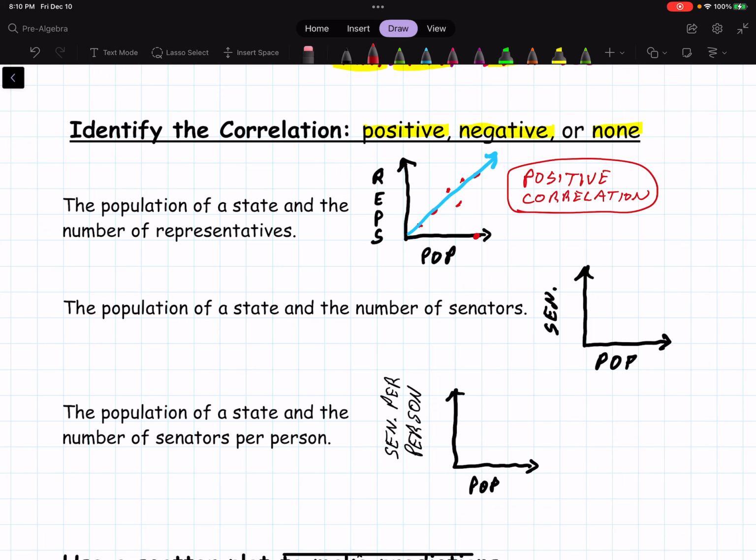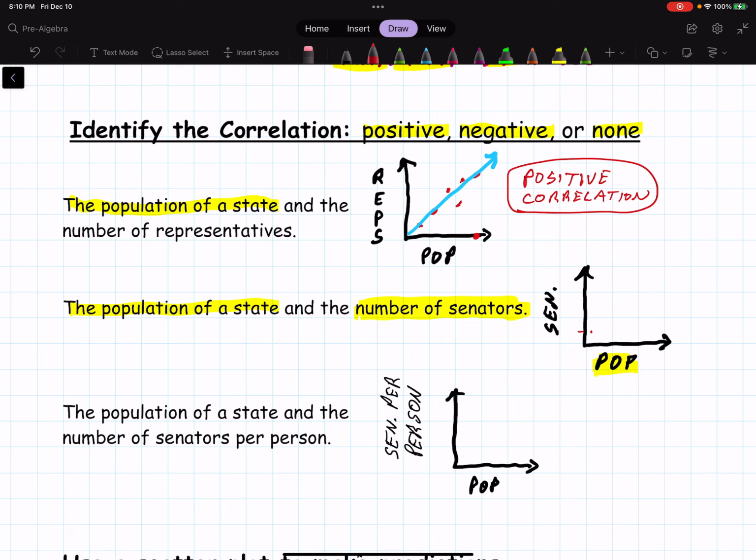All right, let's look at the second one. The population of a state. Well, we already did that. We know that the population of a state is going to go up as we go to the right, and the number of senators. Well, we go back to our civics class, and we know that every state, no matter what, gets 2 senators. So as our population goes up, I'll put some data points out here. Here's my state population, but my senator count is always going to be 2.